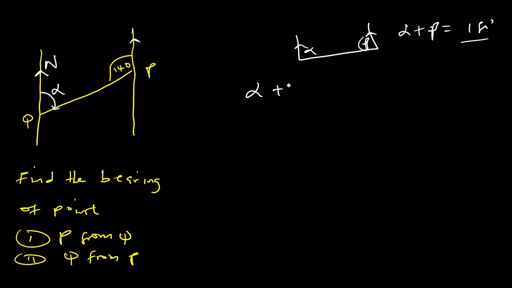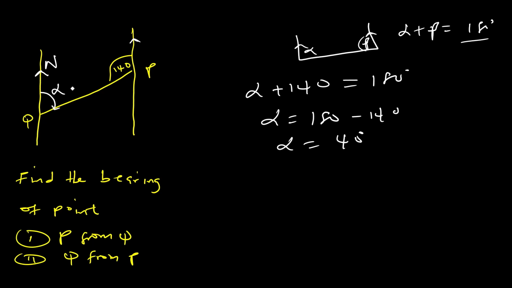So alpha plus 140 equals 180 degrees. So alpha is 180 minus 140. So alpha is 40 degrees. So this side is 40.